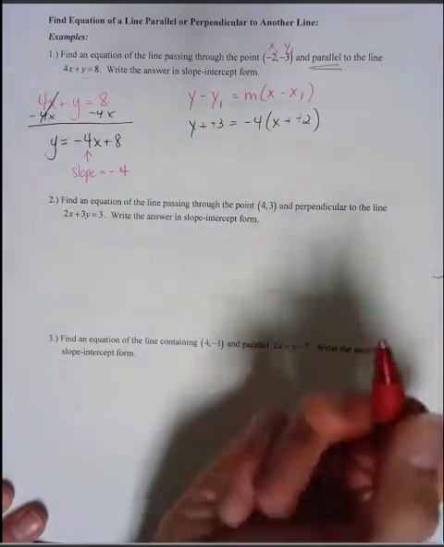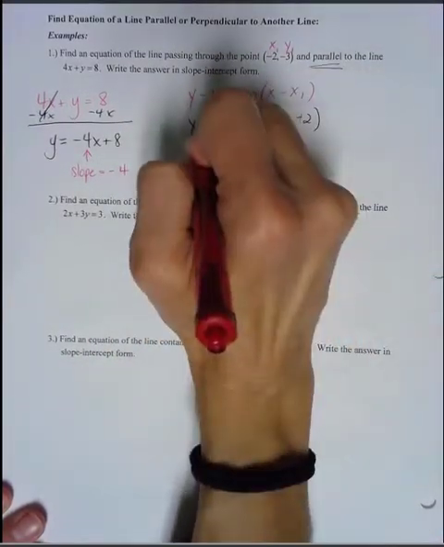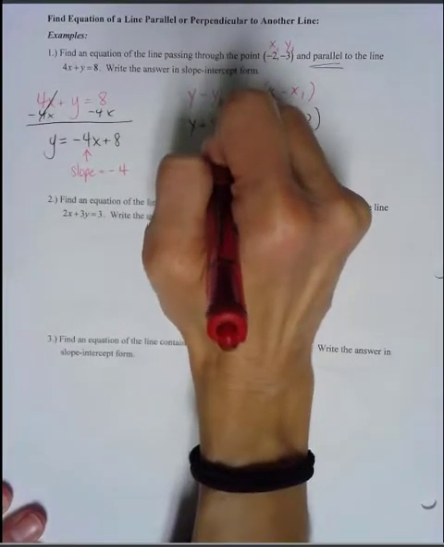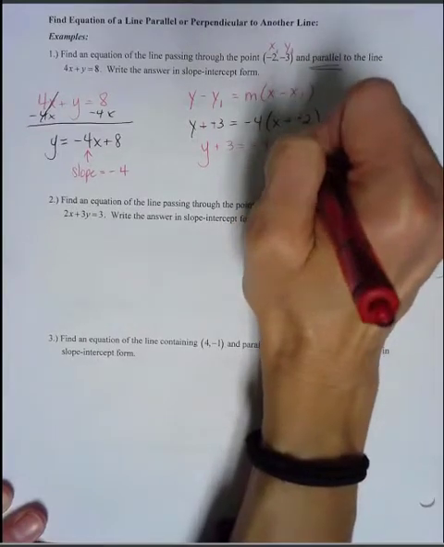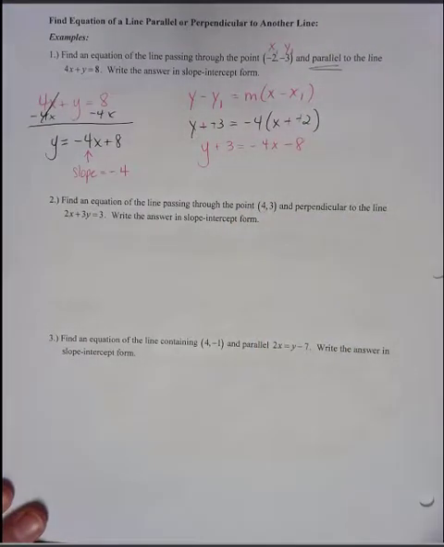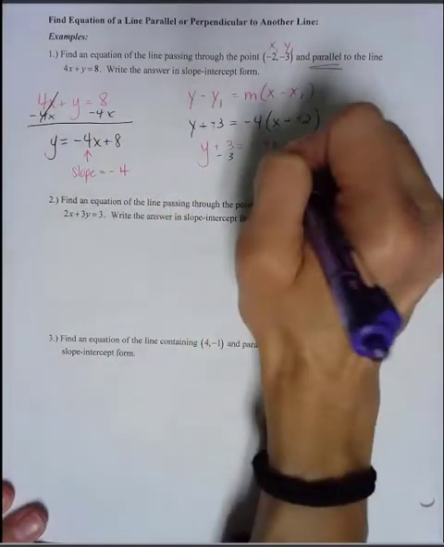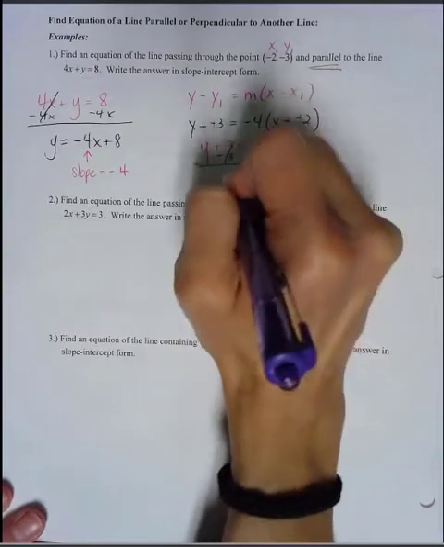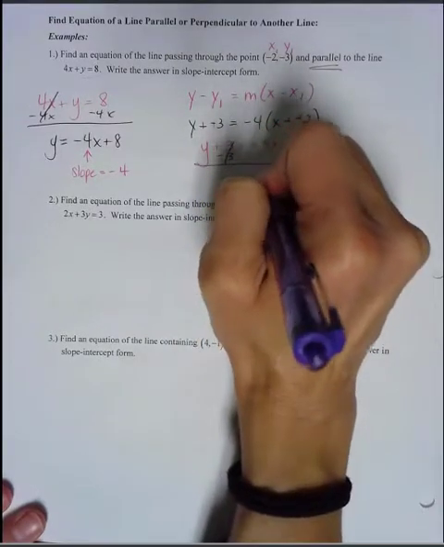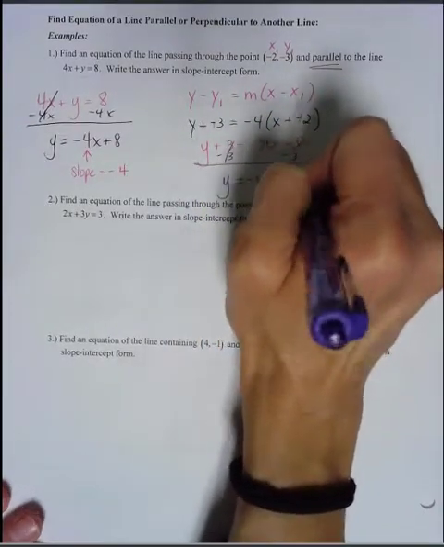And then I'll go ahead and solve that for y. So y plus 3 is equal to negative 4x minus 8. And isolate your y. So we'll subtract 3 from both sides. Make sure you're putting like quantities together. So y equals negative 4x minus 11.